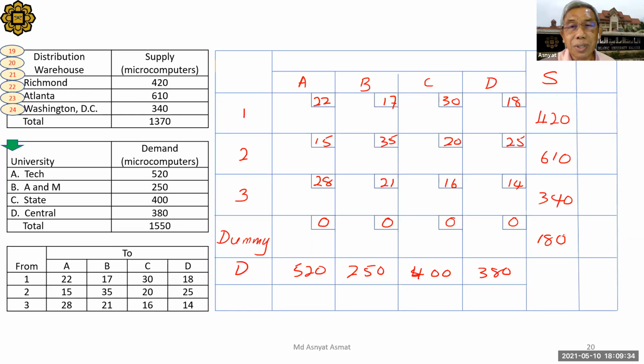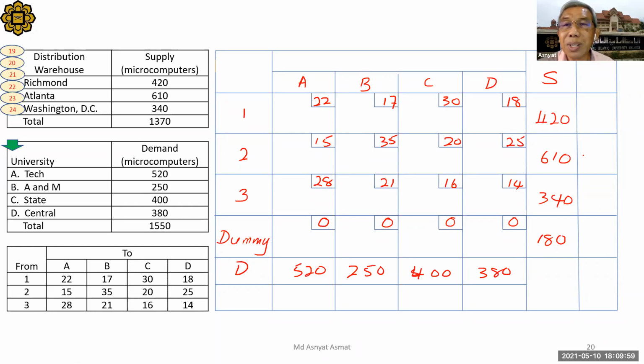I think for illustration purpose for now, you can try the Vogel's approximation method. What's VAM? How do we do? Take penalty, right? Remember we have to calculate the penalty.